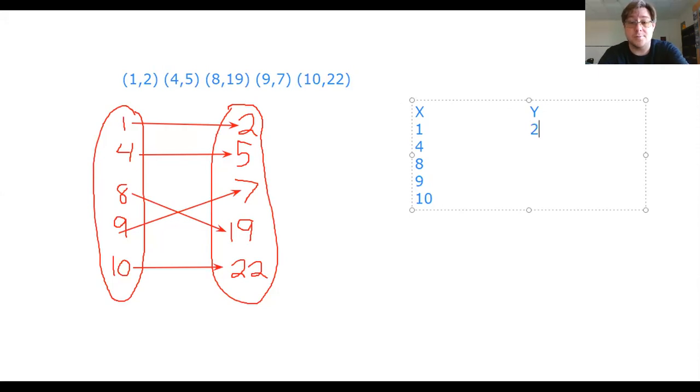So we have 1, 2, 4, 5, 8, 19, 9, 7, and 10, 22. So there's my table. Wow, that really doesn't like keeping the formatting, does it? All right, so maybe not use the software for tables.